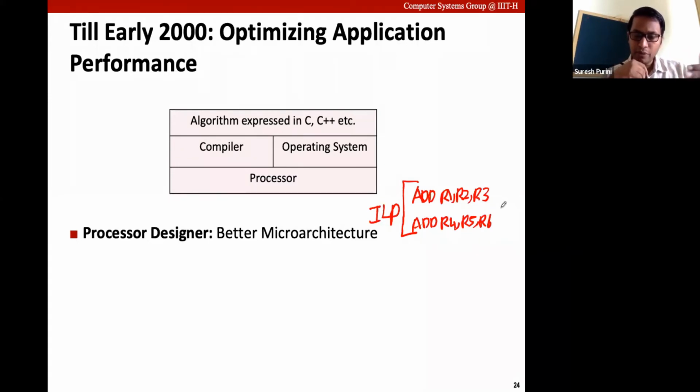If you think about the fetch decode execute model of computation that we have, after the processor executes the first instruction, it is supposed to execute the second instruction according to the model of execution given to us.